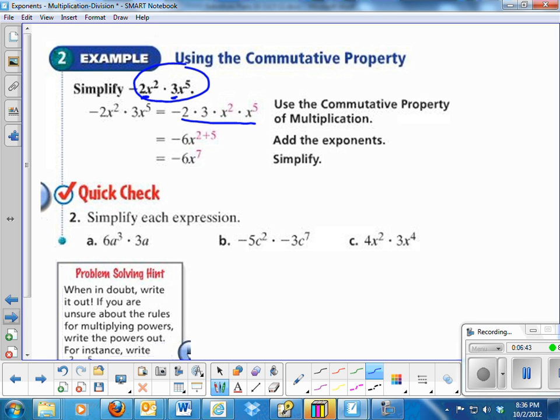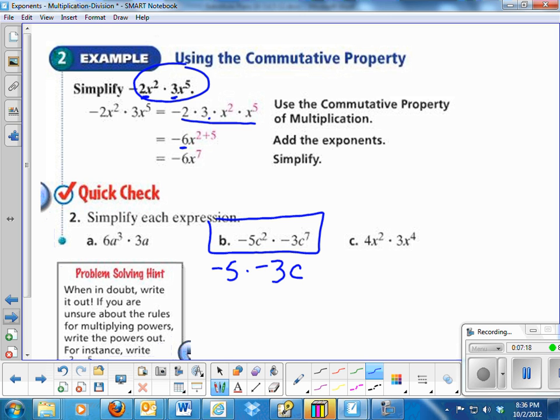Now I can do any of the math I could possibly do when simplifying. So I know -2 times 3 is -6. Then I can look at my variables here. I have x squared times x to the 5th power, so that's x to the 2 plus 5 power. So the simplification of -2x squared times 3x to the 5th power is -6x to the 7th power. We're just going to quickly look down here. Let's just do letter B. So we're going to use our commutative property, and we're going to put the things that are alike next to one another.